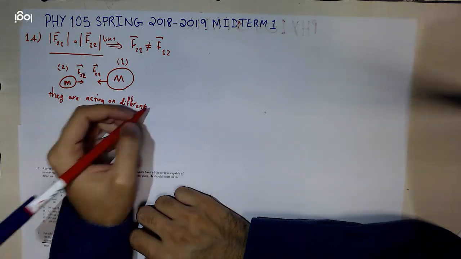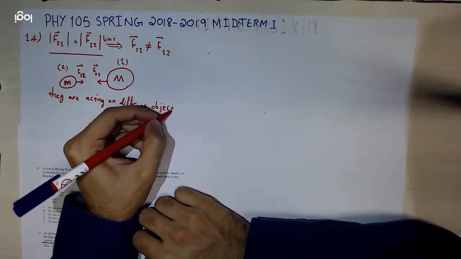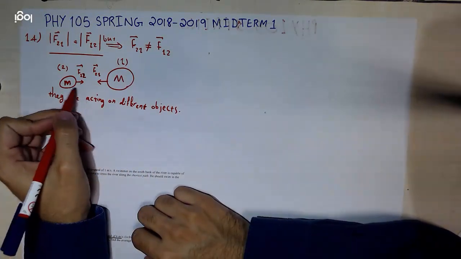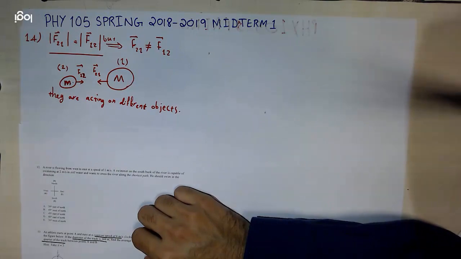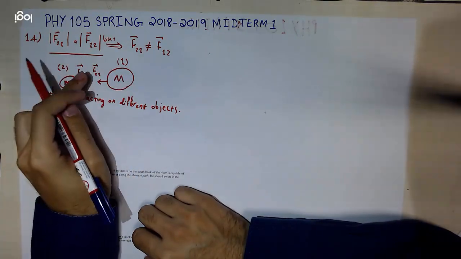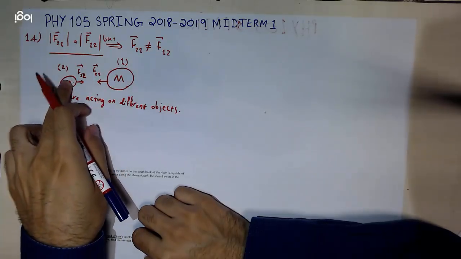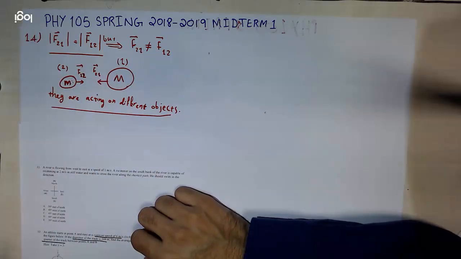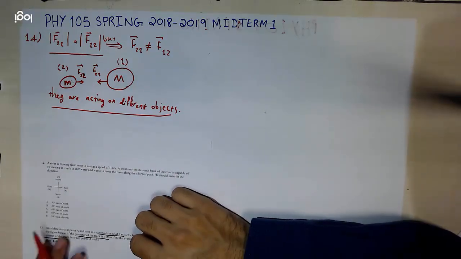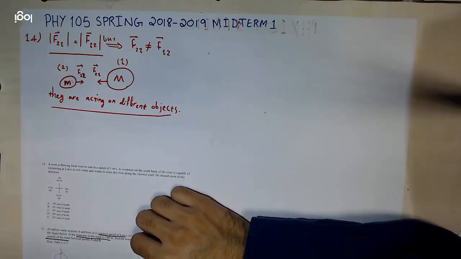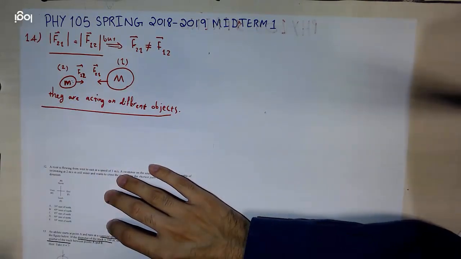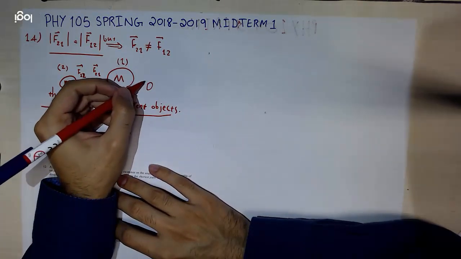F12 is a force that comes from the first mass to the second, and F21 is a force that comes from the second mass to the first one. So they are acting on different objects. Our last choice says they are acting on the same object, which is wrong. So the answer is D.